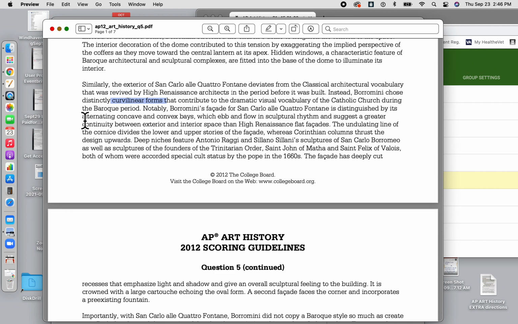So you're talking about concave and convex. Concave circles in and convex circles out. So again, it's that curving, where he curves one into another. Without it going concave and convex, you wouldn't have that movement of the walls there. And again, you're looking at the movement, the rhythm of those walls.